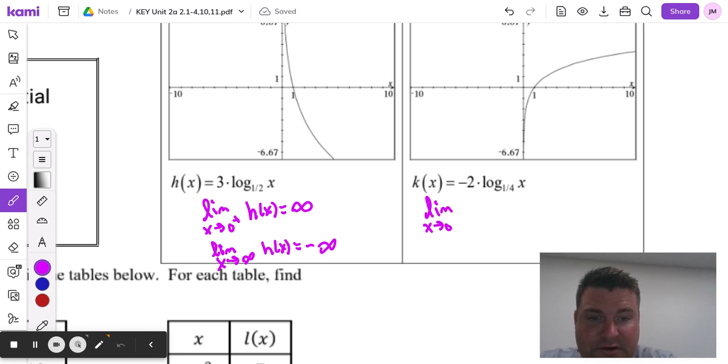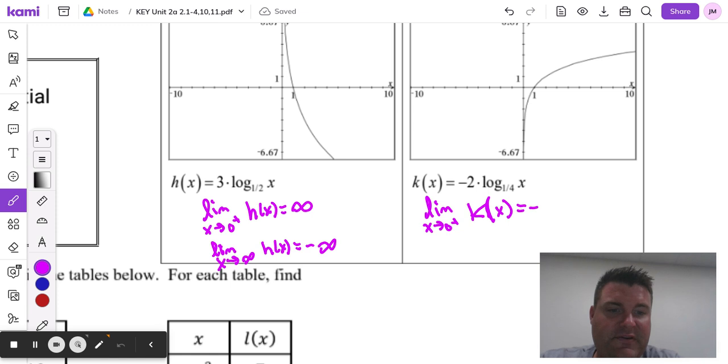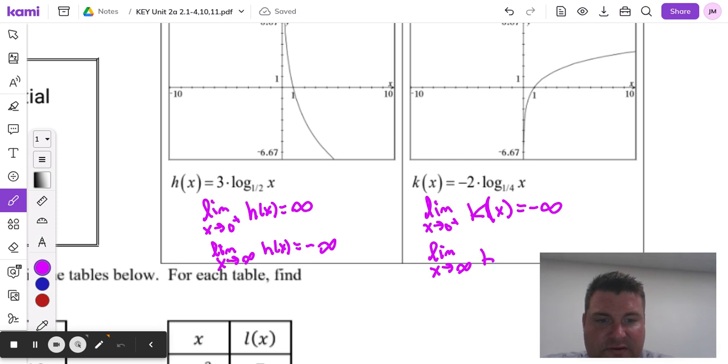So as you go from 0 to the right of k of x, we're going to approach negative infinity. Okay, because again, there's a vertical asymptote right there. And then the limit as x approaches infinity of k of x is going to give us a positive infinity.